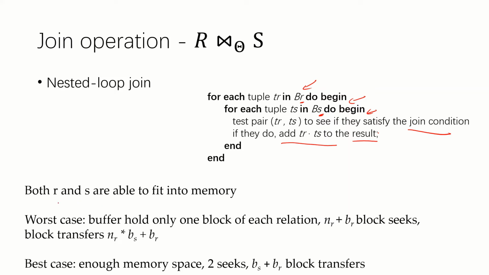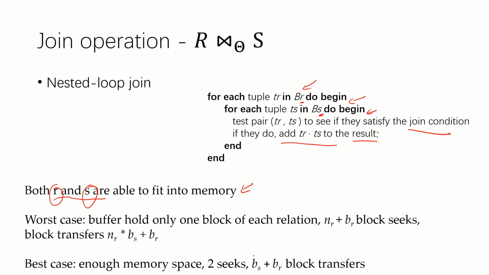So this is used primarily if both R and S are able to fit into memory. And the best case scenario is if there's enough memory space to keep the entire table, R and S, enough memory to fit.